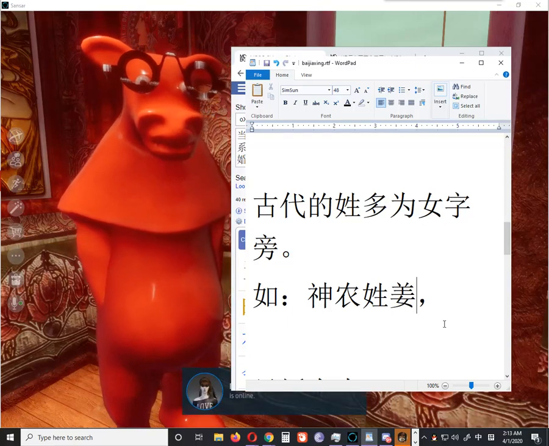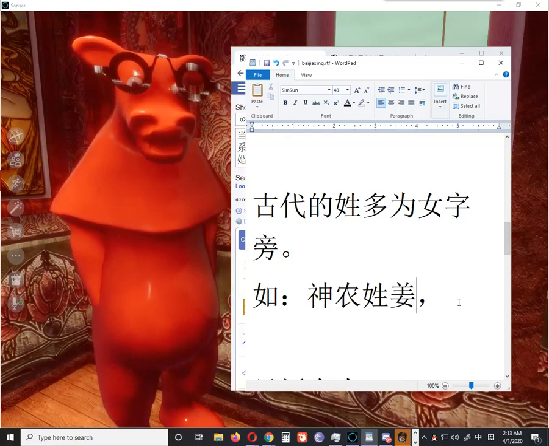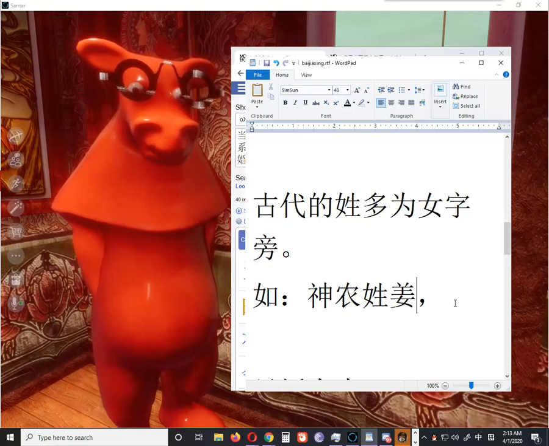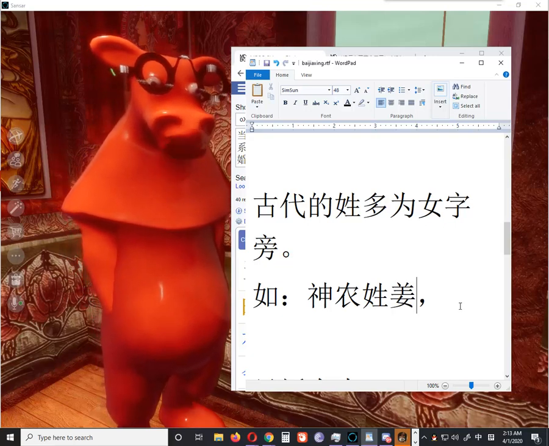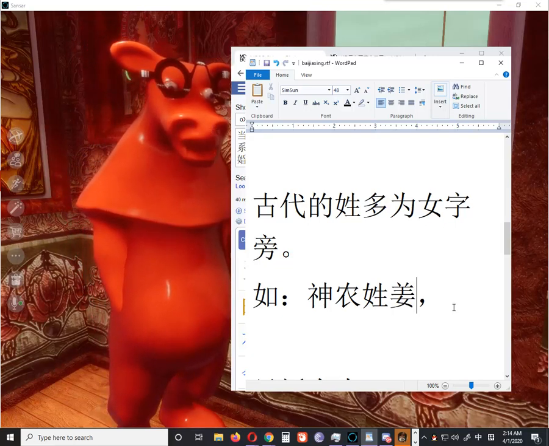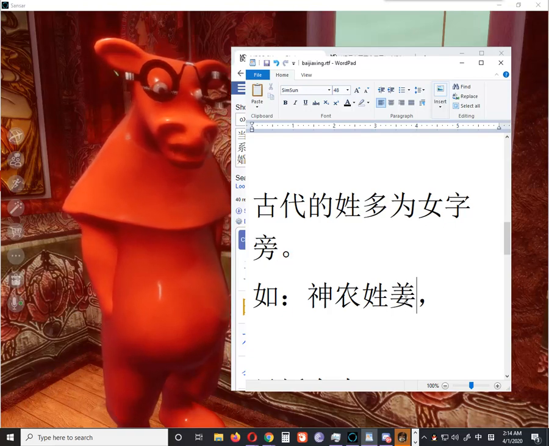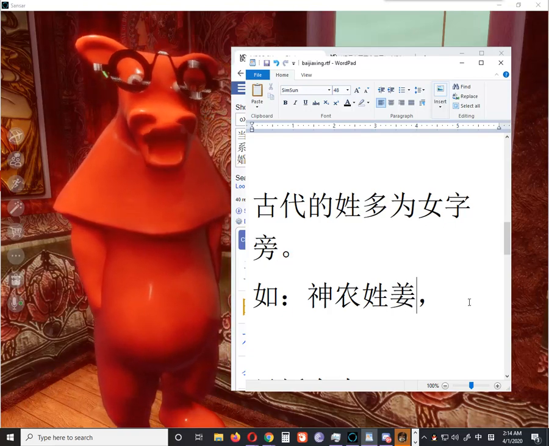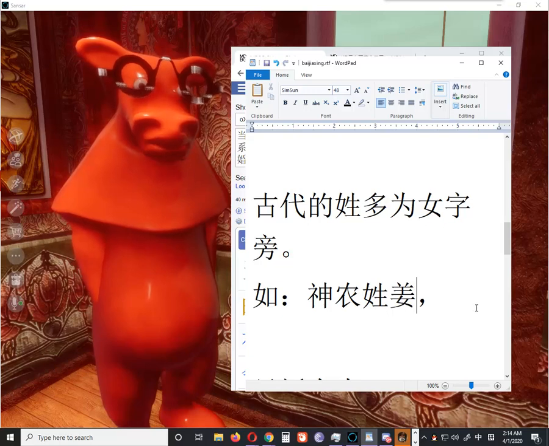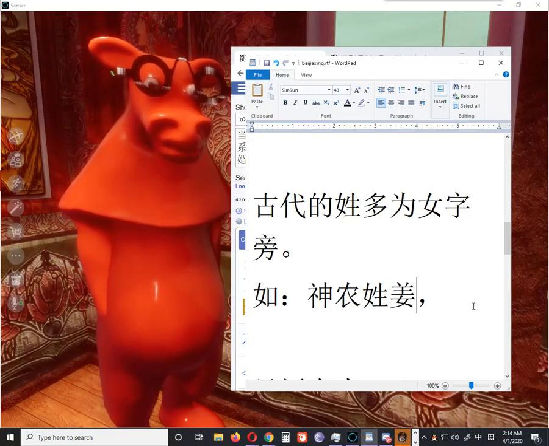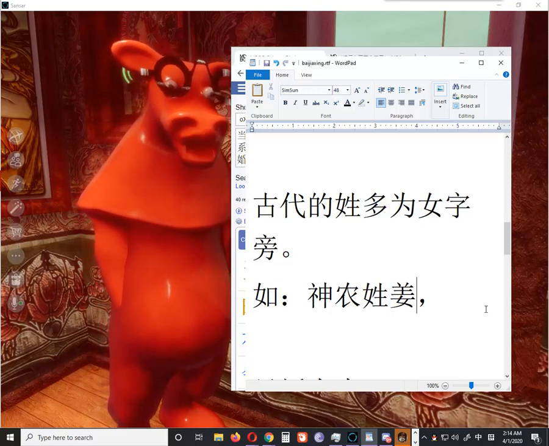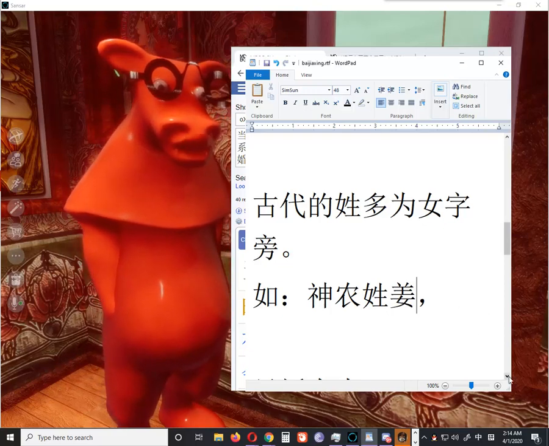When I made the mistake between surname and family name, it brought to mind a lecture I saw of a professor who was called the foremost expert on political economy of China. He would always start his lecture by coming out and saying something in Chinese to show everybody that he really knows how to speak Chinese.